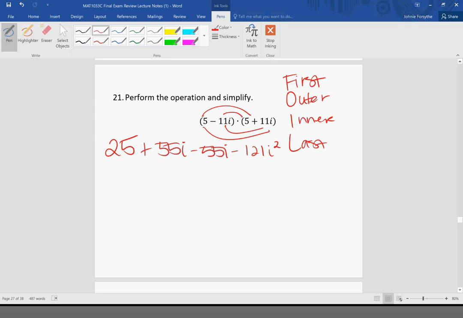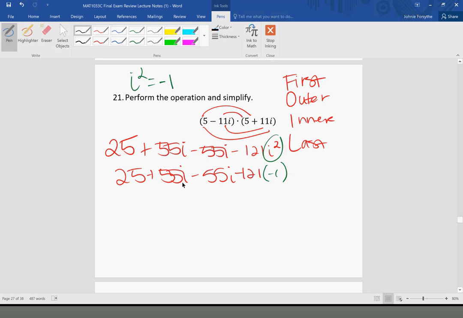121i squared. Now, when you're dealing with i, remember, i squared equals negative 1. As soon as you see an i squared, immediately change that to negative 1. So we have 25 plus 55i minus 55i minus 121 times negative 1.